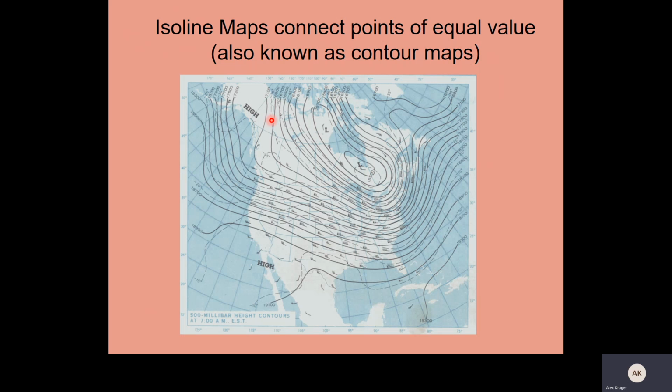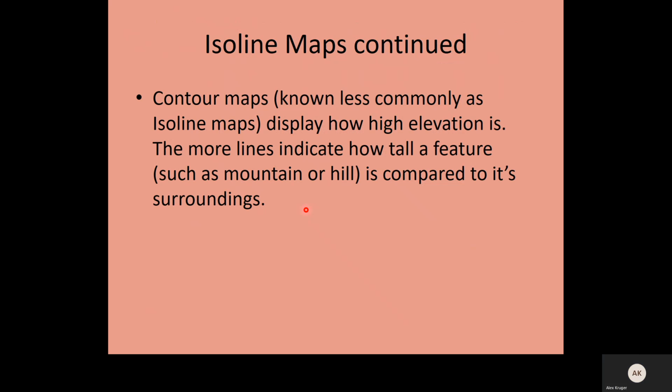So where there's lines, there's mountains, and it raises or lowers in the level of sea level. Basically, if there's lines, it's higher or lower than the space next to it. They display how high elevation is, and the more lines indicate how tall a feature is compared to its surroundings.